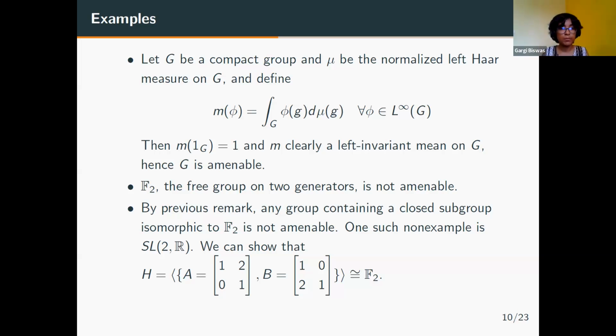One such non-example is SL2R, all the invertible 2 by 2 real matrices whose determinant is 1. We can show that this subgroup H, which is generated by these two matrices A and B, is actually going to be isomorphic to F2 by the ping pong lemma.